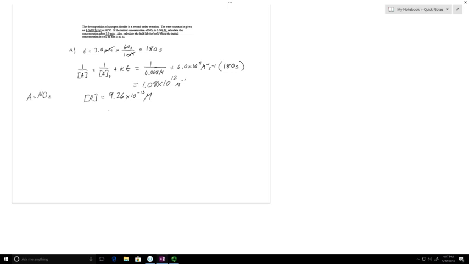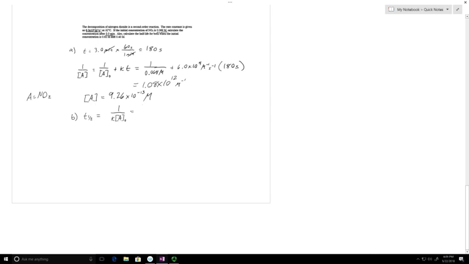So thinking about that, let's look at the half-life of this thing. Meaning, how long would it take for us to consume half of the original content? So t1/2 for a second order reaction is equal to 1 over k times the initial concentration. Again, initial concentration is important to include in the half-life for a second order reaction or a zeroth order reaction.